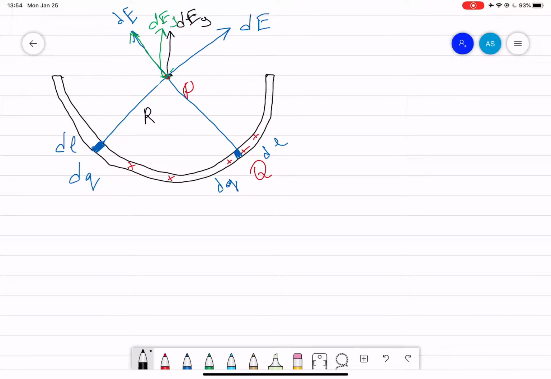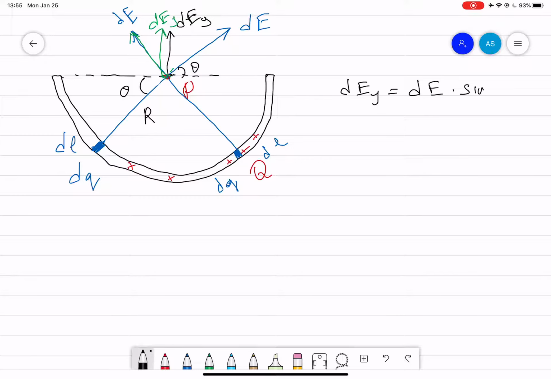So the electric field will only add up in the y direction. Say this is our theta. So dEy is equal to dE times sine theta, correct?